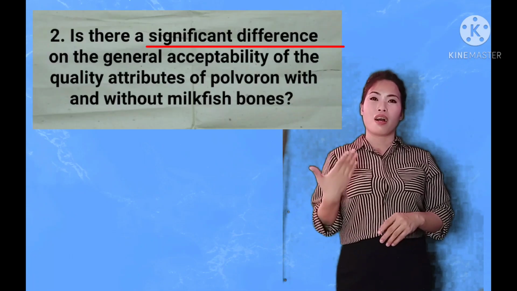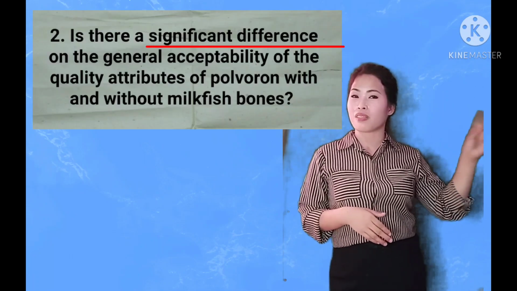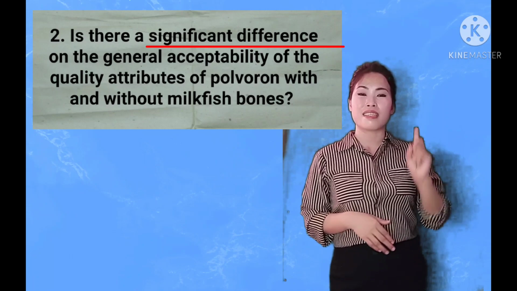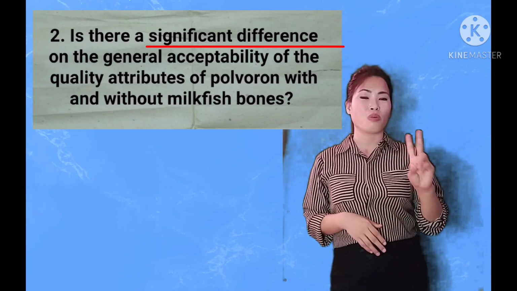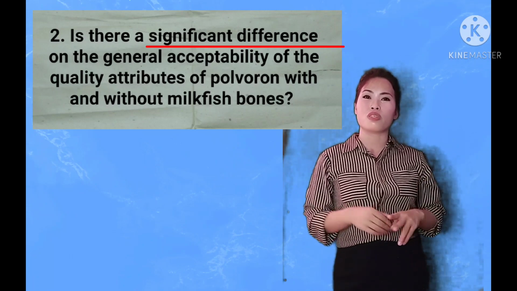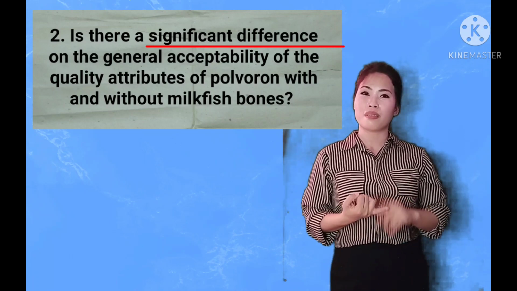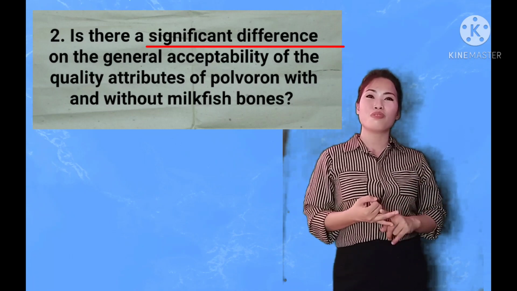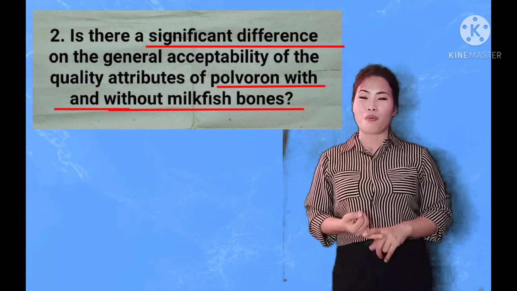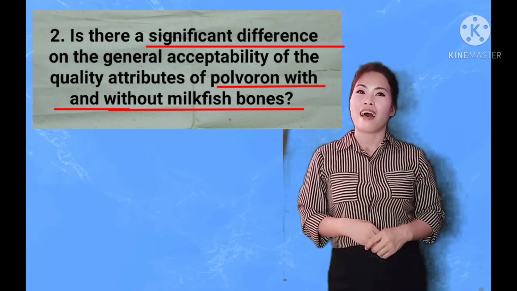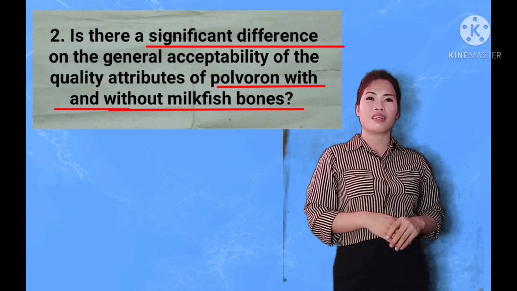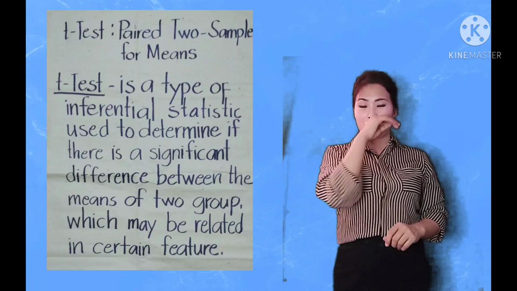As you can see, the problem already states a significant difference. It also has 2 variables: polvoron with milkfish bones and polvoron without milkfish bones. So now we're going to use a t-test paired two sample for means.